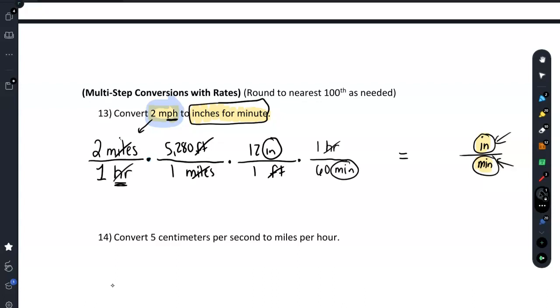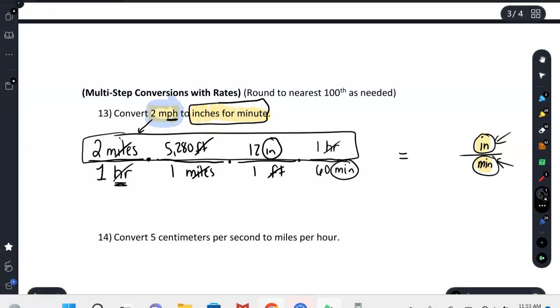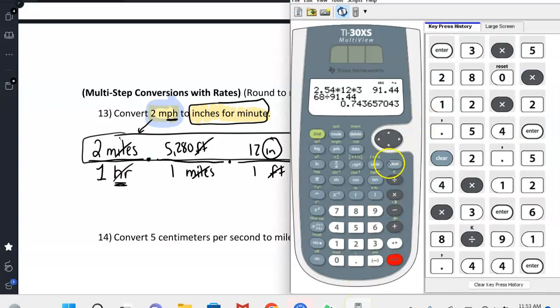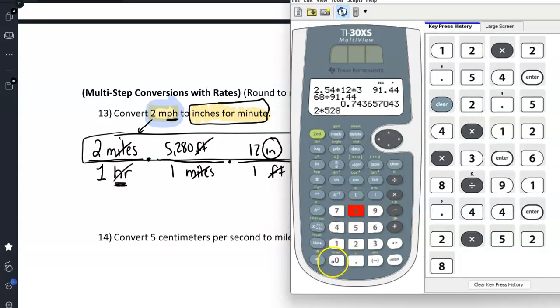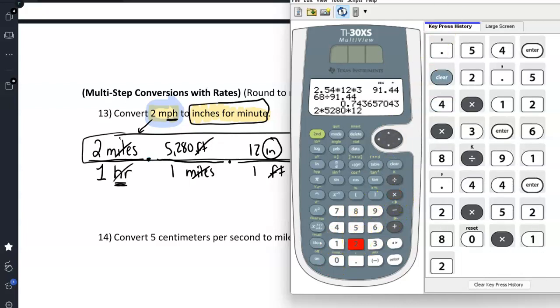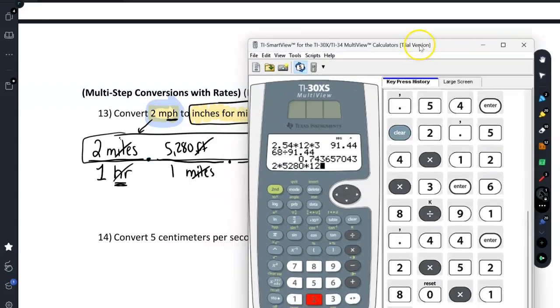Now that I've done all of that, I can multiply across the top. Once again, I'm going to grab my calculator. 2 times 5,280 times 12, and I think the last one was 1. Yep, times 1.